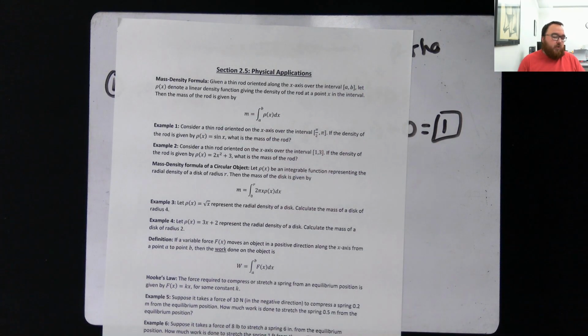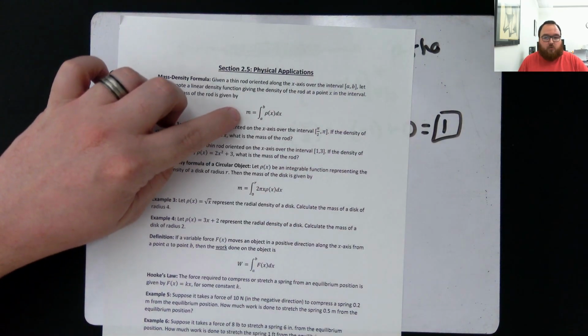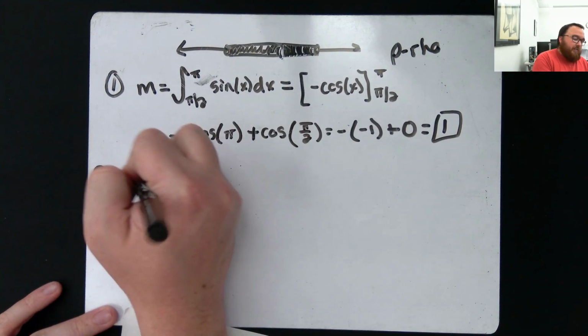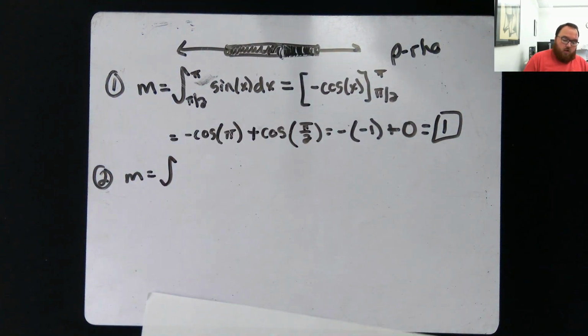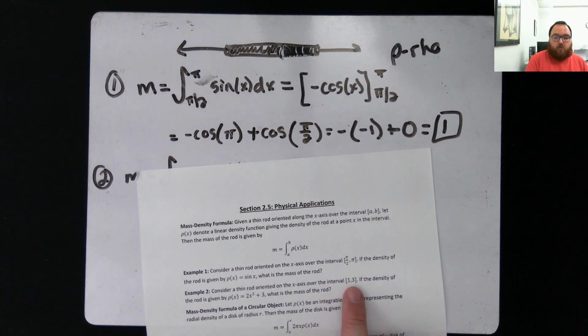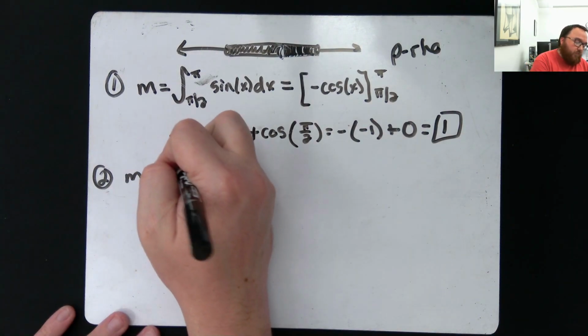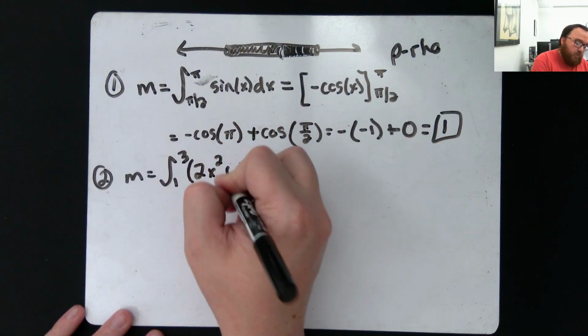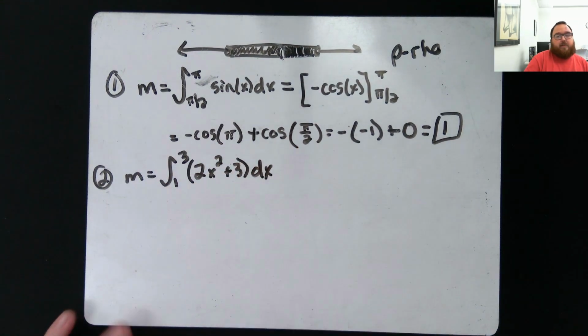Example number 2, consider a thin rod on the x from 1 to 3. If rho of x is equal to 2x squared plus 3, what is the mass? It's the same thing here, plugging it into the formula. Mass is equal to the integral, and the bounds tell me it's from 1 to 3 of 2x squared plus 3 dx.